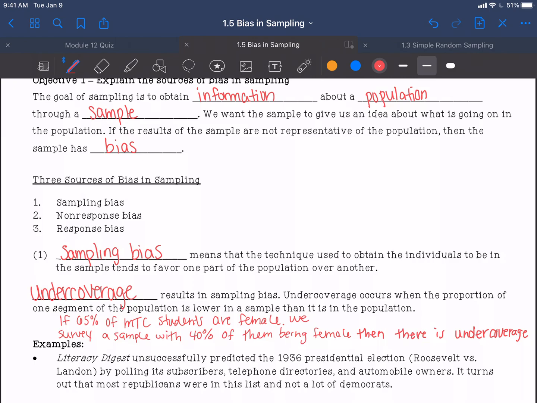If we survey a sample and our sample has only 40% of our entire sample being female, then the females represented is only 40%, so that is undercoverage. If only 40% of our sample is female compared to our population of 65% being female, that would be an example of undercoverage.